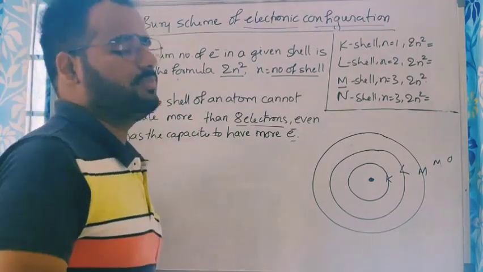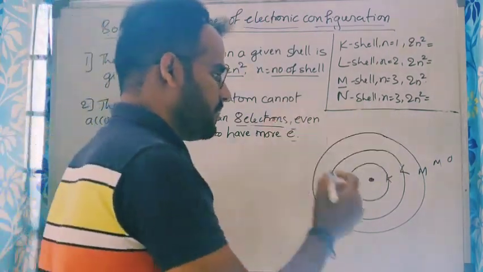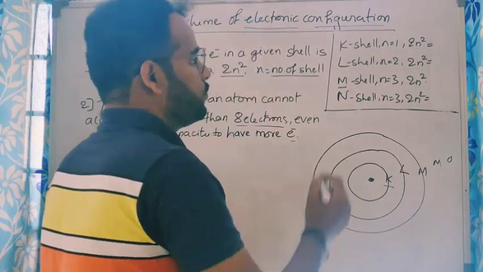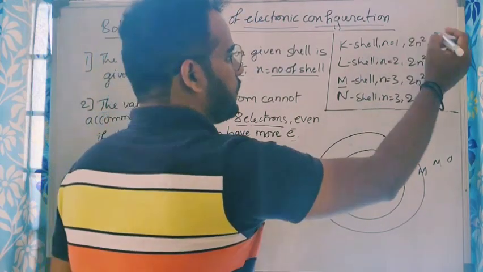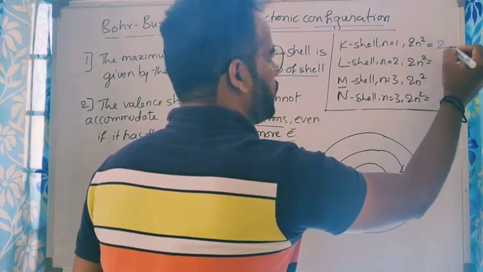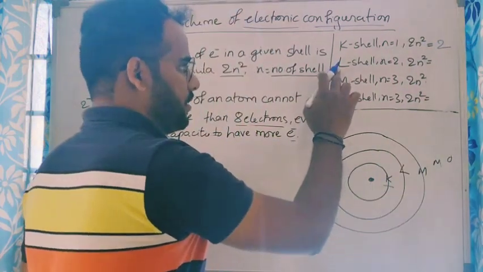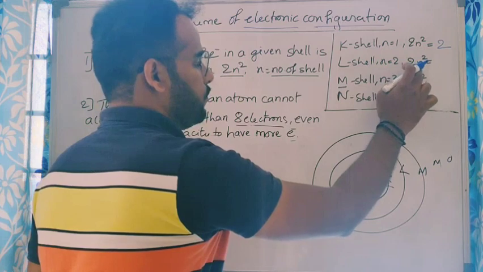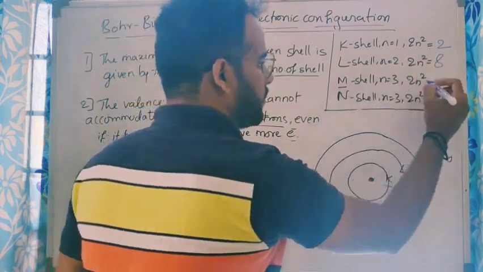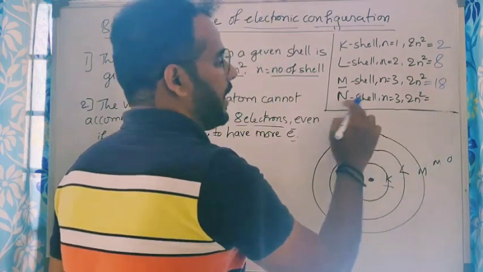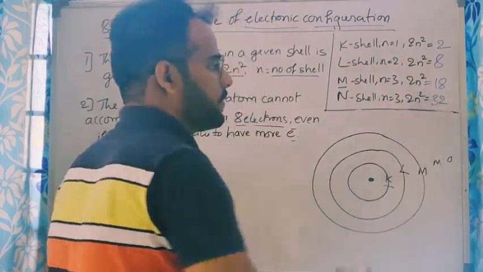So what is the maximum number of electrons that can be present in K shell? You have to use the formula 2n square, where n you will put 1. So you will get 2. For L shell, if you put n equal to 2, 2 into 2 square is 2 into 4, which is 8. For M shell you will get 18. For N shell you will get 32.